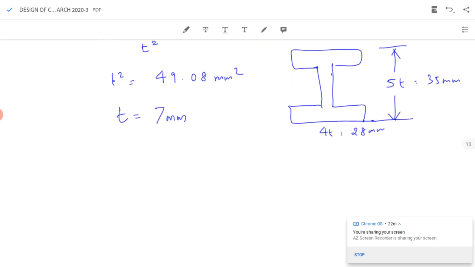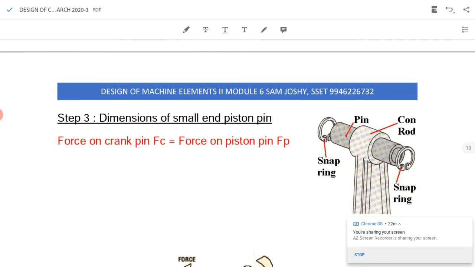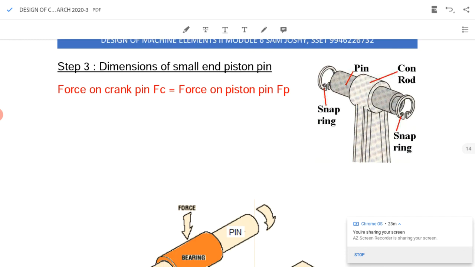Now, we will find the dimensions of the pin at the small end and the big end. First, we will consider the small end. When the force on the connecting rod is transferred through the bearing to the pin at the piston and the crank ends, it is having a circular area. So, the force on the connecting rod, when it is subjected to buckling load, is transferred to the pin.